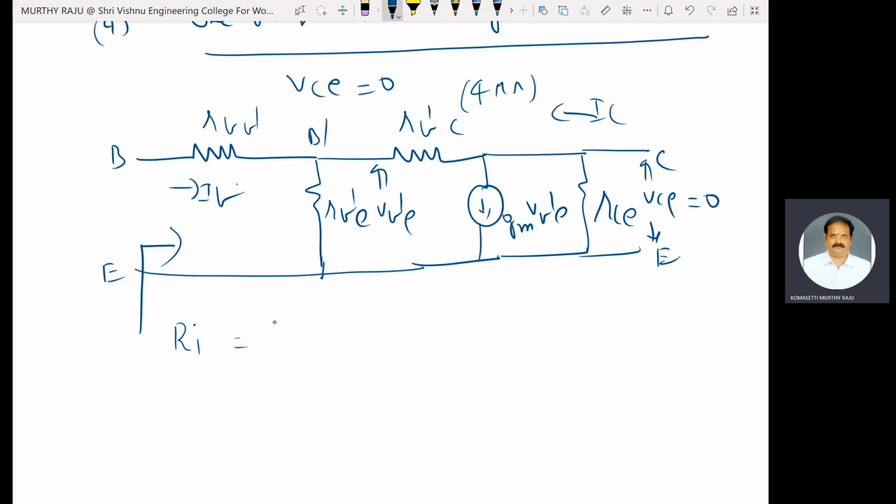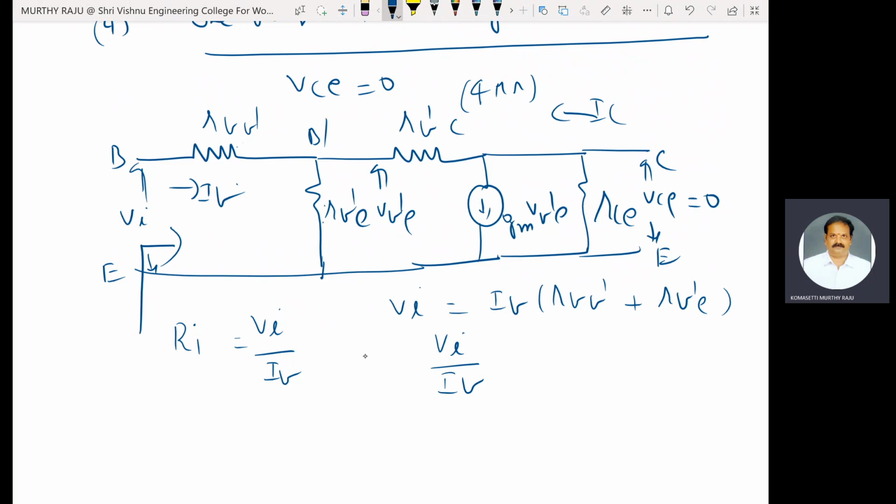Therefore, Ri is equal to VI by IB. But VI is equal to IB into RBB dash plus RB dash E. These two are connected in series. From this expression, VI by IB, that is Ri, is equal to RBB dash plus RB dash E.